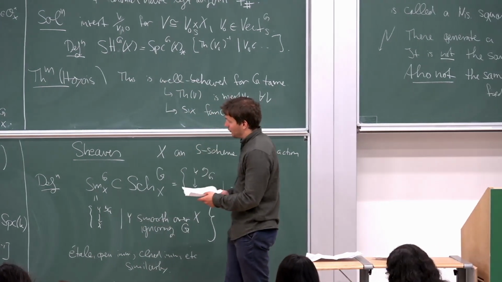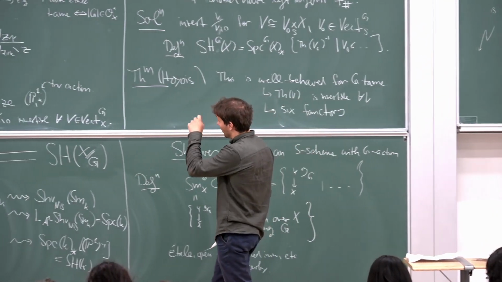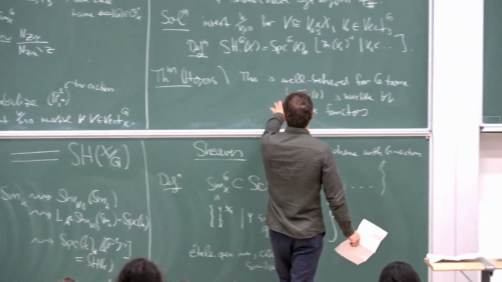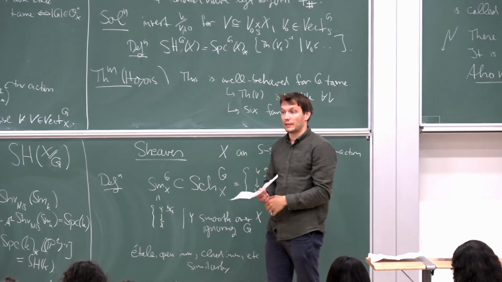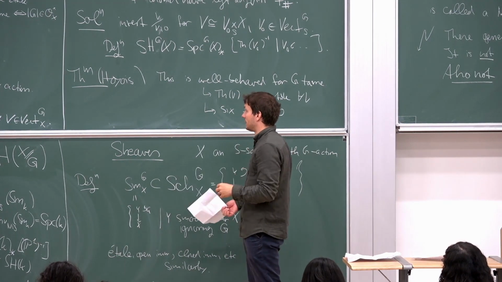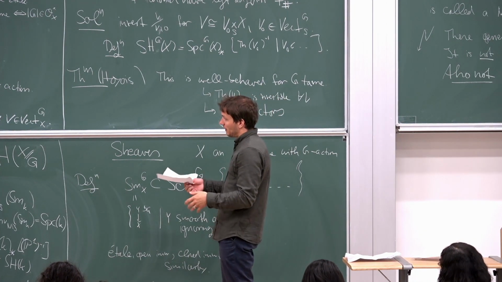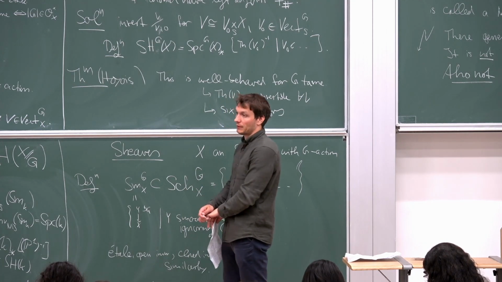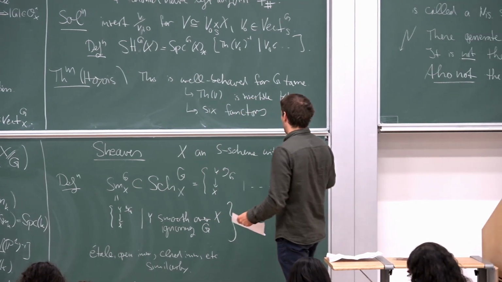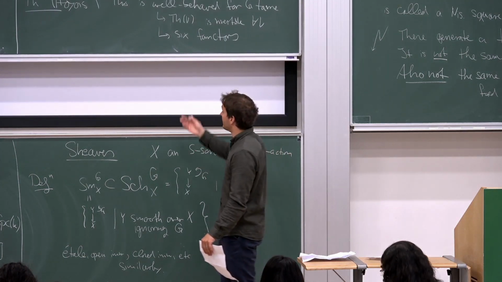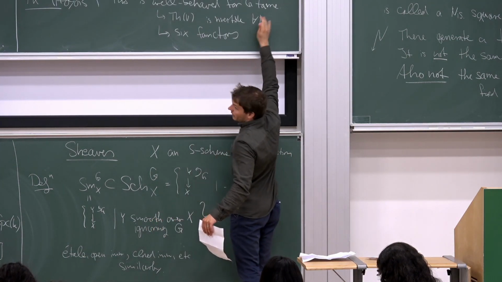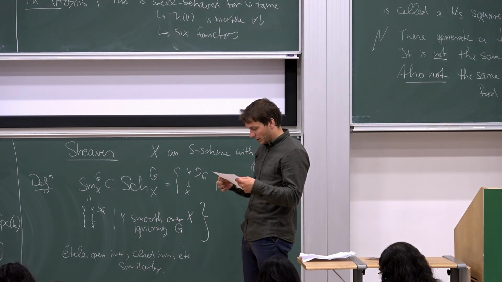In particular, if you take a smooth projective scheme over your base, you look at its suspension spectrum here, then you get a strongly dualizable object. And you know what a dual is. It's like the Thom spectrum of the negative of the tangent bundle, something like that. So it exactly works like you think it works. You just had to do the right definitions and put the right adjectives in the place, and then usually you're good.